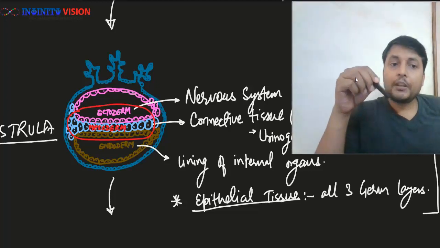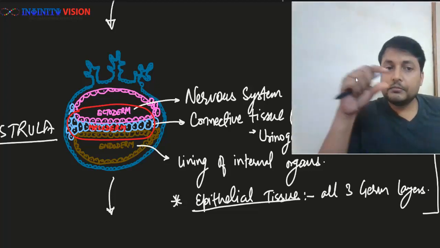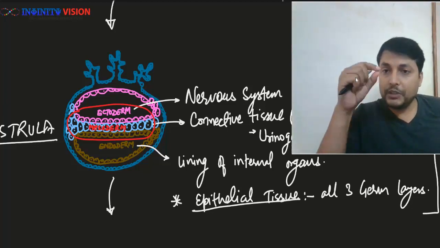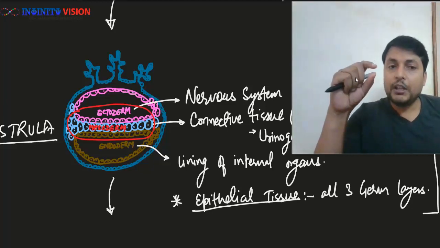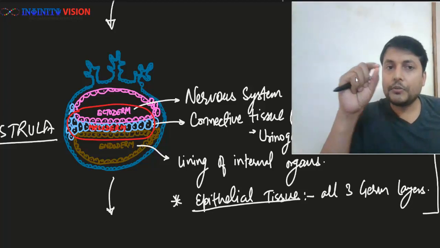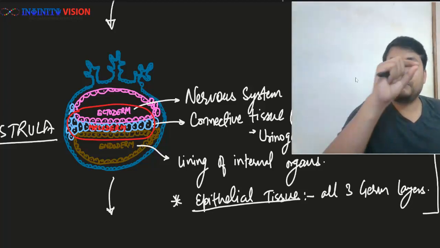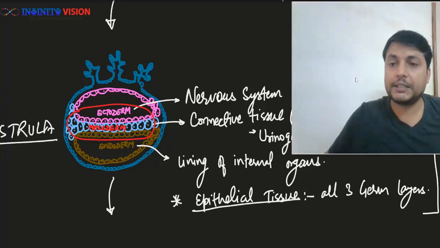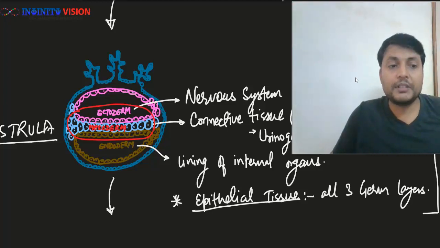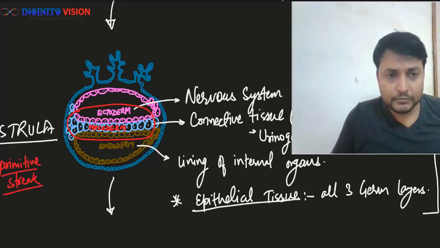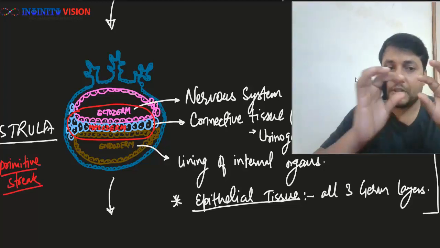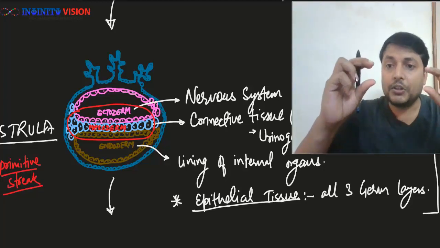When the formation of the three germ layers initiates in the embryo, it leads to the formation of a line-like structure, a streak, that is called the primitive streak. This primitive streak progresses and forms the entire germ layer.